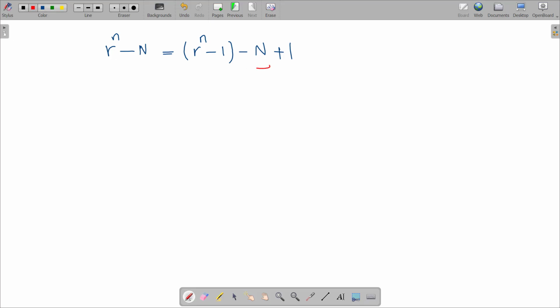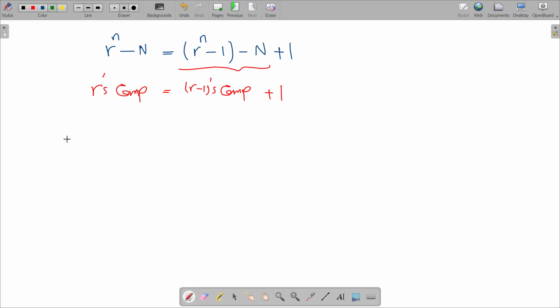If you look at this section of the formula, this is the r minus 1's complement, plus 1. What is this? This is the r's complement. What's happening? We say that for finding the r's complement, take the r minus 1's complement and add 1.